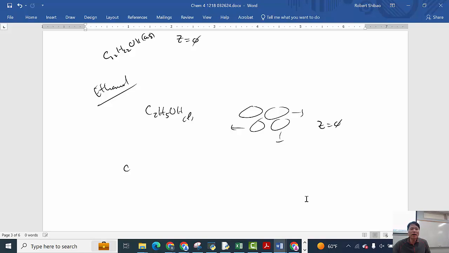Now, if we have ethanol aqueous, the water can try to pull apart the ions. But is ethanol made up of ions? No. And so the water is not going to be able to pull it apart. We're trying to break it up using either the oxygen end of water or the hydrogen ends of water, but it's not going to be successful because it's not made up of hydroxide there.